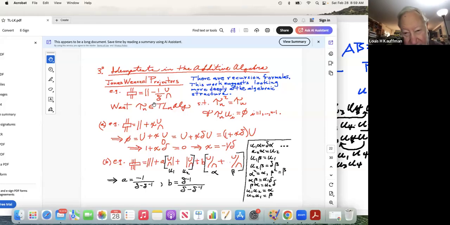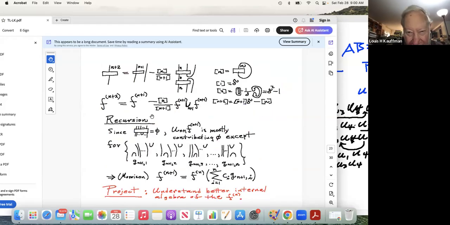But some people like Scott Morrison have written papers about the combinatorics of this. This is the usual recursion formula for Jones-Wenzl projectors. And Scott Morrison has a paper.